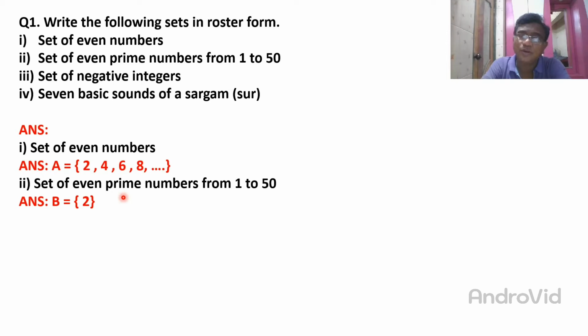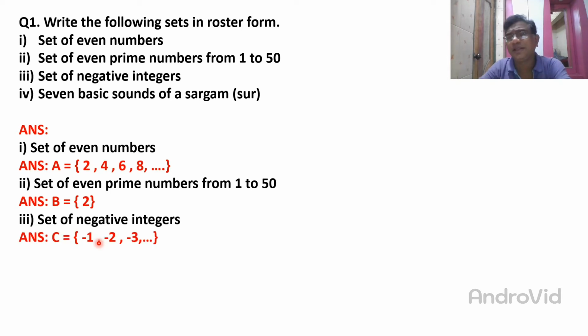Have a doubt? Then the third question we are going to see. Set of negative integers. Negative integers means negative numbers, you are right: -1, -2, -3, dash. Because negative integers are also uncountable. You cannot count how many, and which is the last number, we don't know.